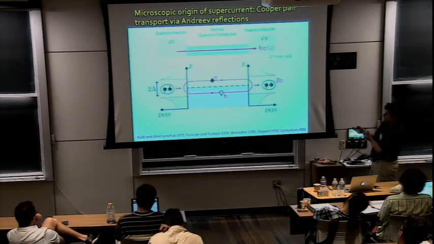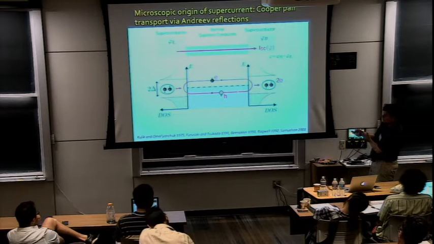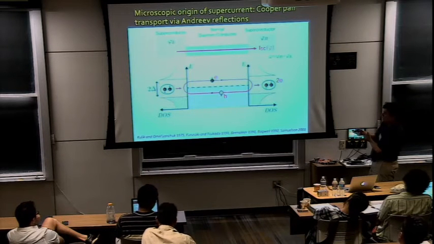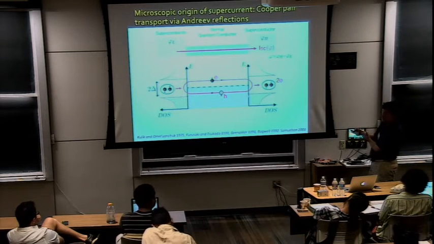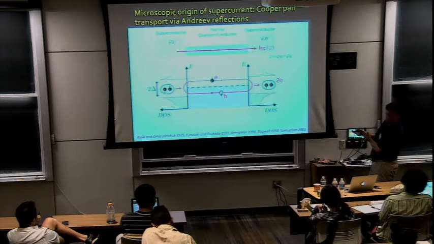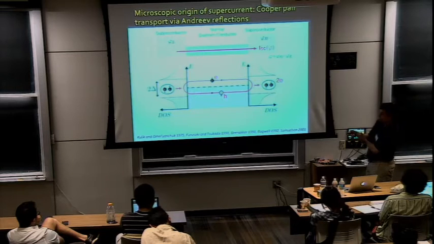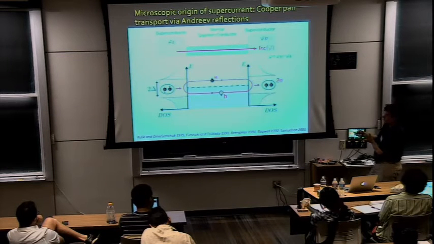So this electron grabs another electron from below the Fermi sea and forms a Cooper pair, and the absence of that electron it has grabbed is a hole state which is retroreflected, and it goes in this direction.